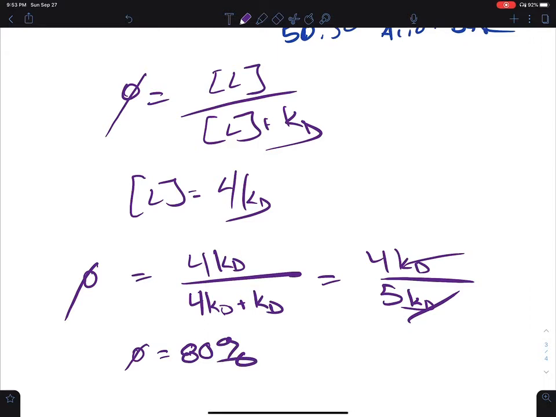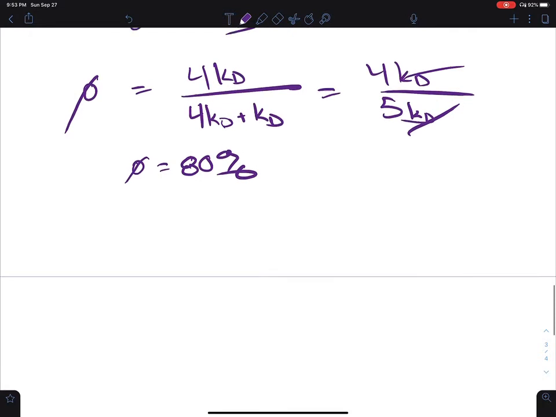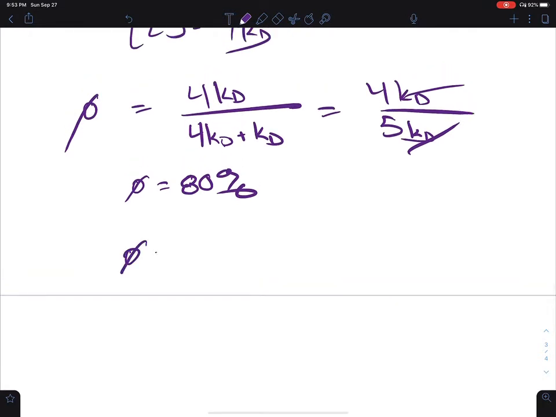So when the ligand concentration is 4 times the Kd, you have 80% maximal binding. Let's do one more here. When the ligand concentration is equal to, let's say, 10 times the Kd, well, let me just say 9 to make the math easy.